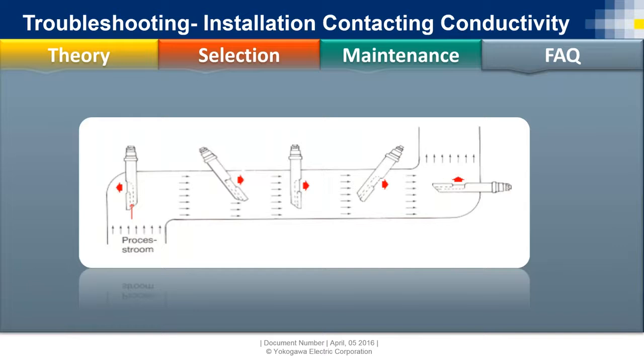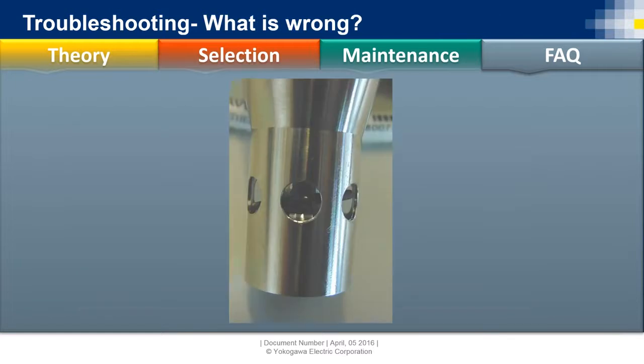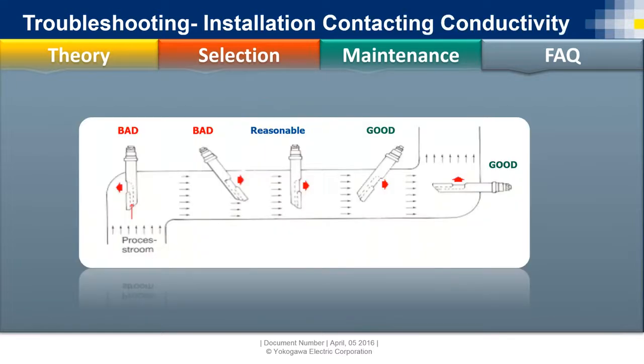Same thing with those contacting styles. And this is just to show you one style of a flow-fitting sensor. Some of them have holes in the bottom and then an outlet on the arm. Some of them look like this, where they have holes through the bottom of it.